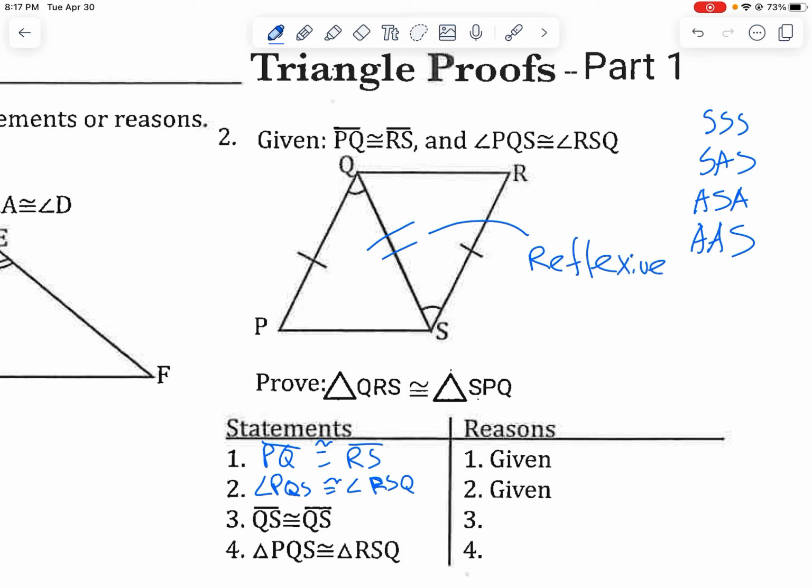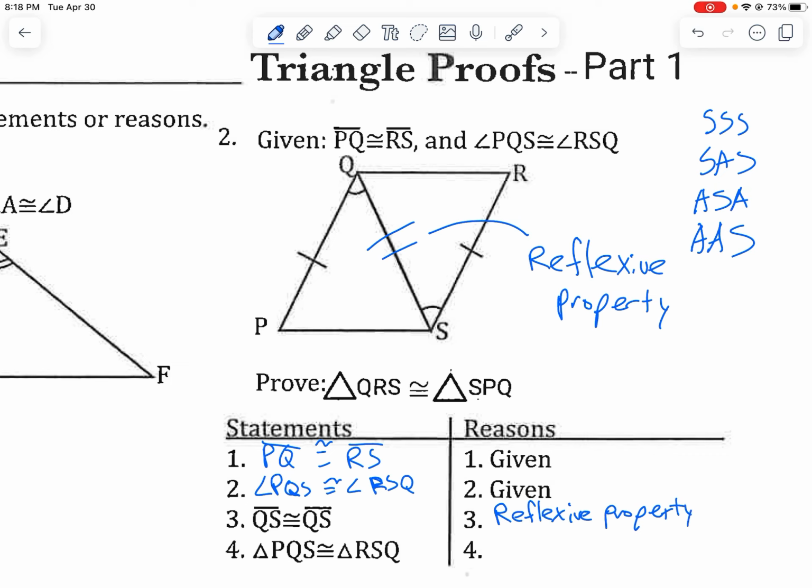I've talked about it previously, but you need to realize it has an official name. It's called the reflexive property. And so on our third line here, that statement's already made. QS is congruent to itself. That's this segment here. And the reason is because of the reflexive property.